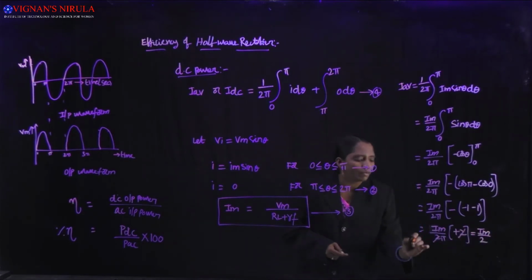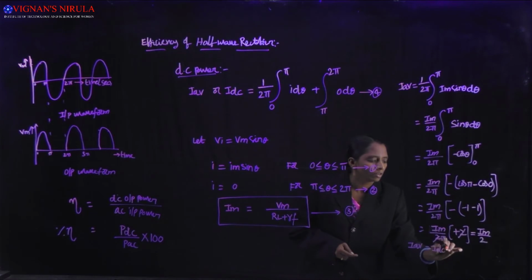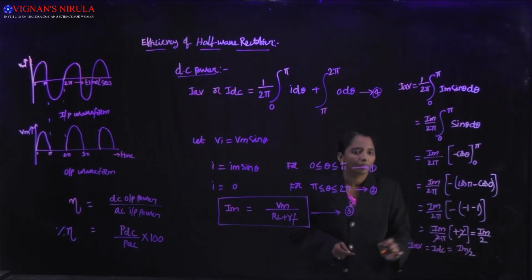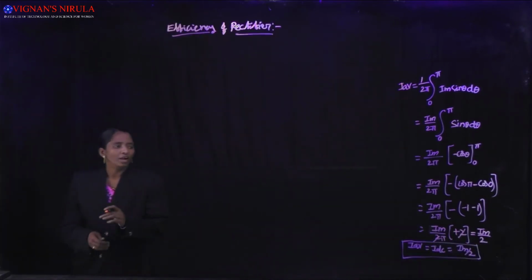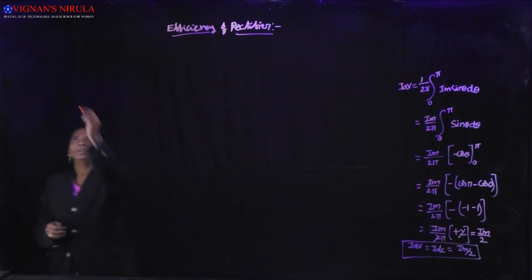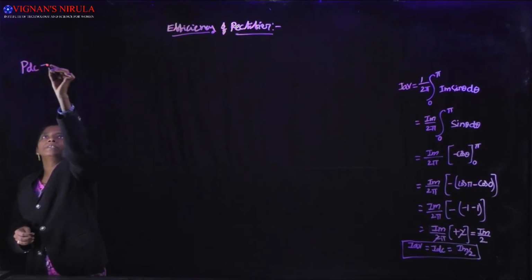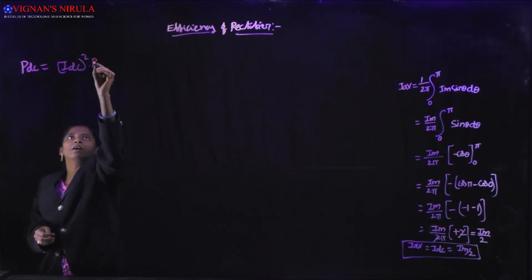So I average or IDC equal to Im by pi. Now PDC equal to IDC whole square into RL.